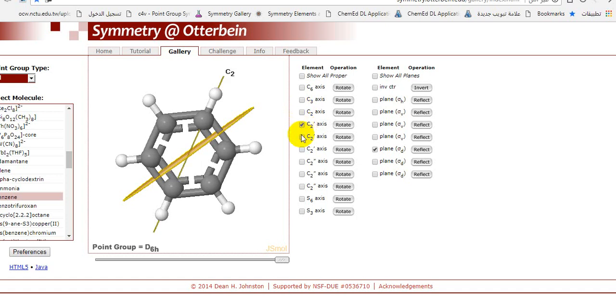This is C2, and this is C2. This is sigma d, sigma d between 2 C2. Okay, another sigma d, another sigma d. This C2.